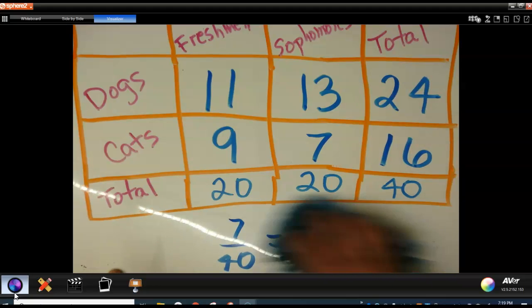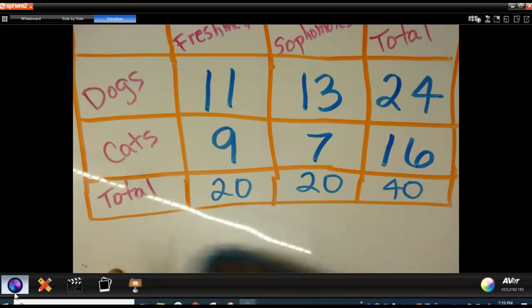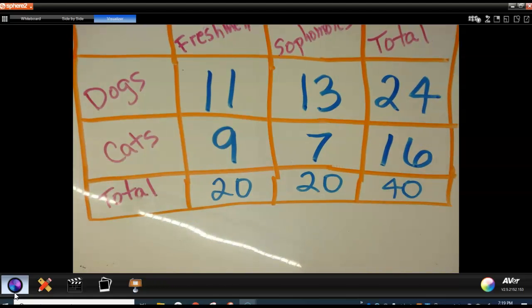Number 8. Is there an association between grade levels and pet choices?